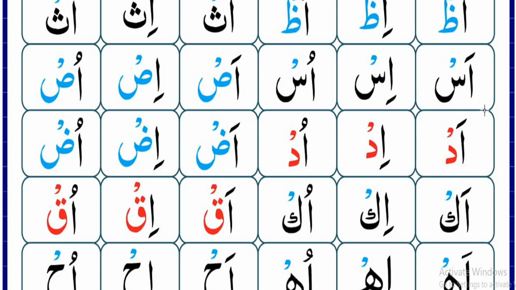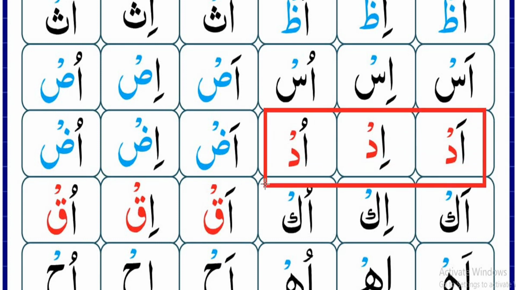And let's read this without spelling only. That's ad, id, ud. Dal is another qalqala letter, so you have to do qalqala here. And the same sound, if you read without qalqala, would be flat.